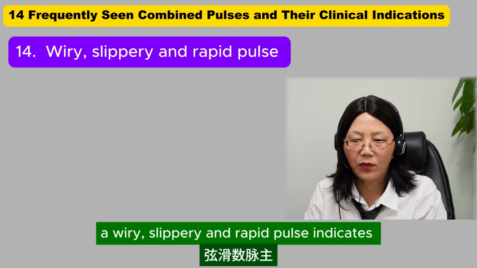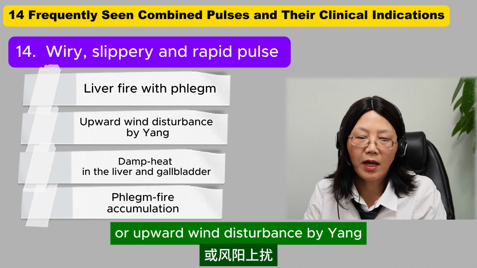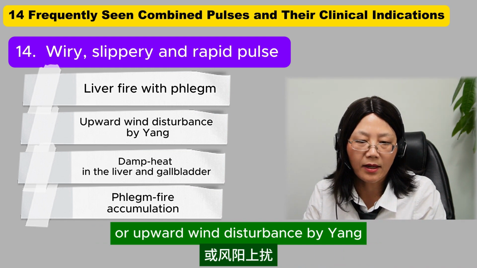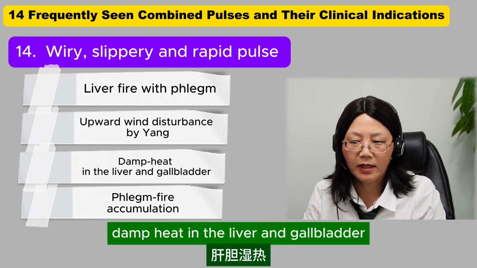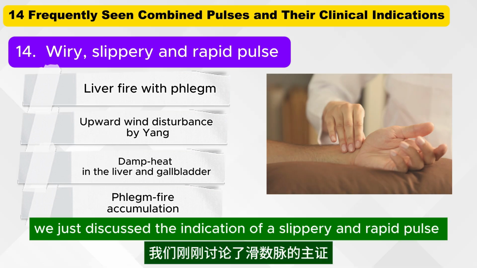Wiry, slippery, and rapid pulse indicates liver fire with phlegm or upward wind disturbance by yang, damp heat in the liver and gallbladder, or phlegm heat accumulation syndrome. We just discussed the indication of a slippery and rapid pulse.